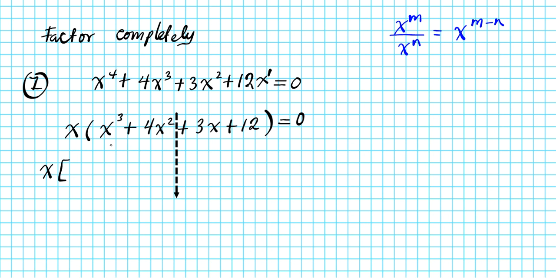The greatest common factor between x to the third and 4x squared, look at the exponents. The smaller is 2, so we automatically know it's going to be x to the second power. Now when we factor out x squared from these 2 terms, it's as though we are dividing both of them by x squared. We'll be left with x plus 4. Okay?